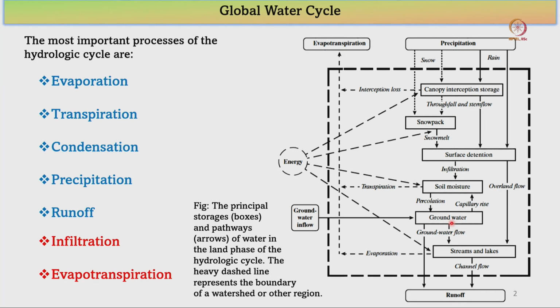From groundwater it can also flow, due to the slope of the topography and all, and it can finally enter into the streams, or it can also enter the lakes, or it can give into the larger runoff. Now, when I am saying the larger runoff, that means this runoff is going outside this catchment boundary.